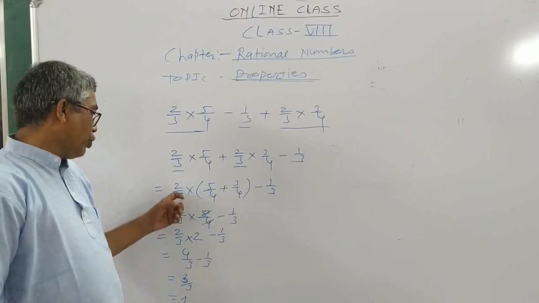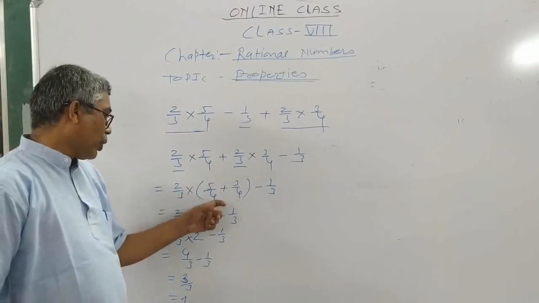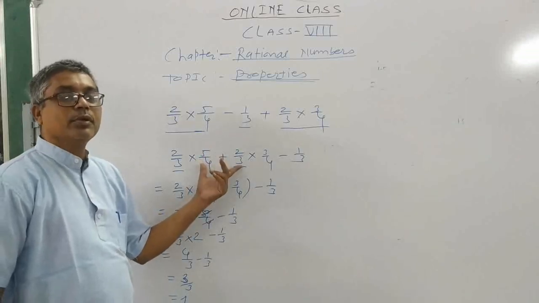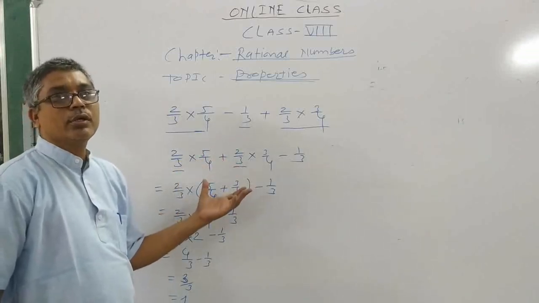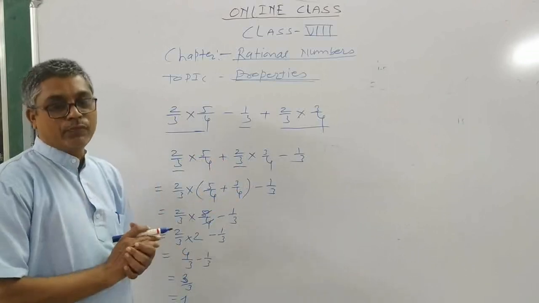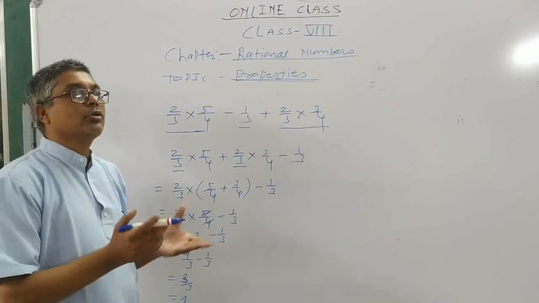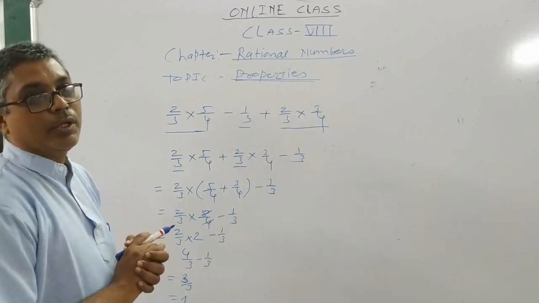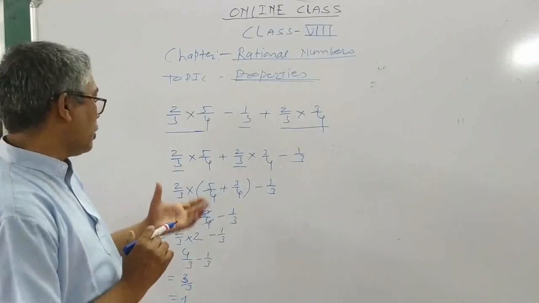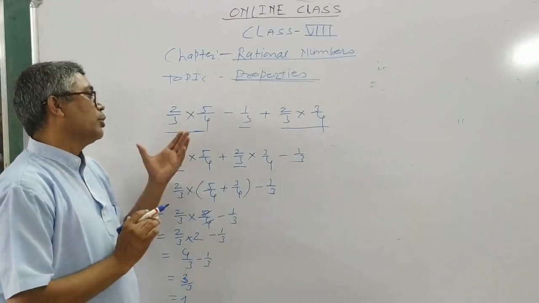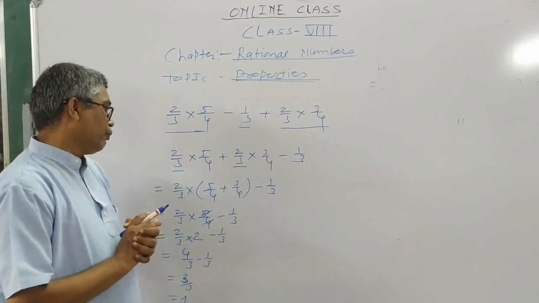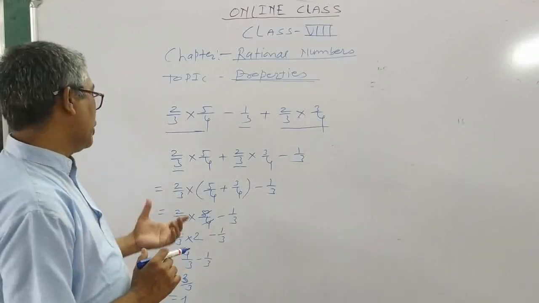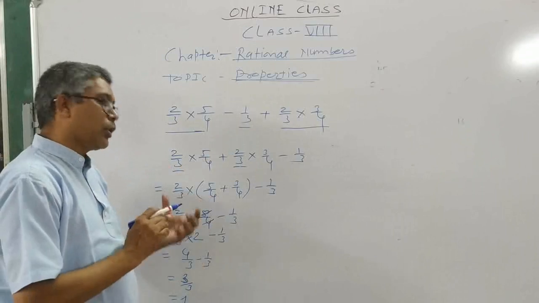So if we multiply 2 by 3 into 5 by 4 and again 2 by 3 into 3 by 4, we get the previous step. That is, we have to distribute it and we have taken out common from it. So this is also called the distributivity property. We can also use this property. So by using commutativity and distributivity, we can solve this example.